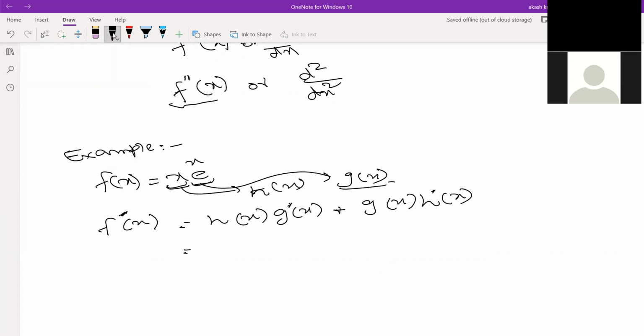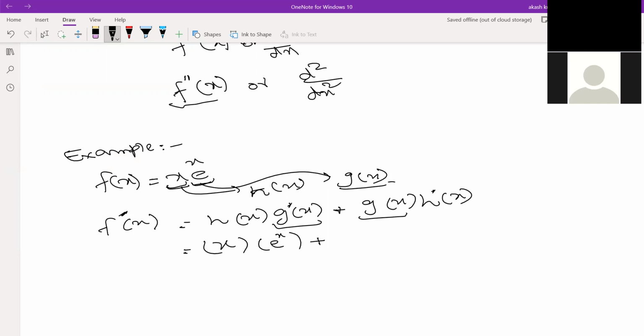Okay. So h of x is x. We'll be keeping it as it is. We will be differentiating g of x, which is e^x. The differentiation of the exponential function is itself the exponential function, right? So it's going to be e^x. Plus sign, and then g of x. If it was e^(2x), we take the original or the new one? In this g of x, we will be taking the original function, but if we are asked for the derivative, then we will be differentiating e^(2x).